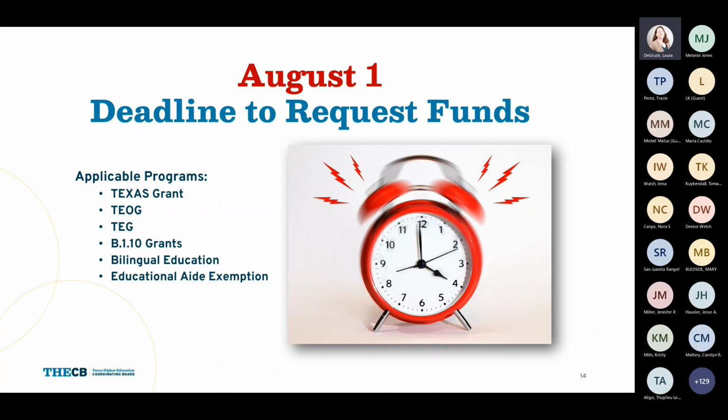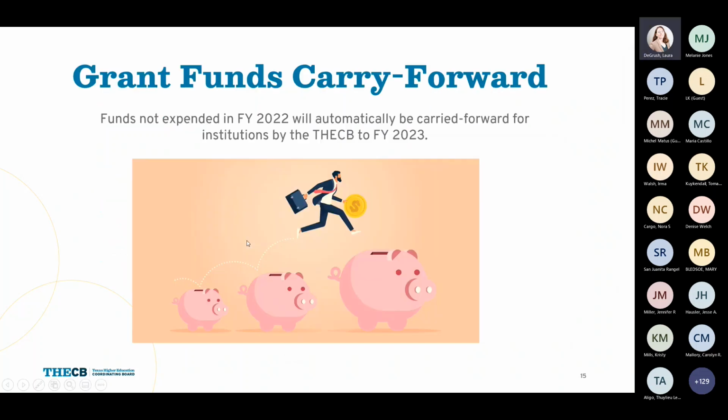All right, with that in mind, let us talk about what happens. Say you put in all the requests that you could, but you have leftover funds related to the specific grant-related programs. That's okay. Grant funds carry over.